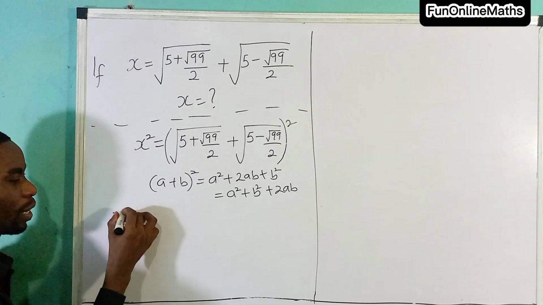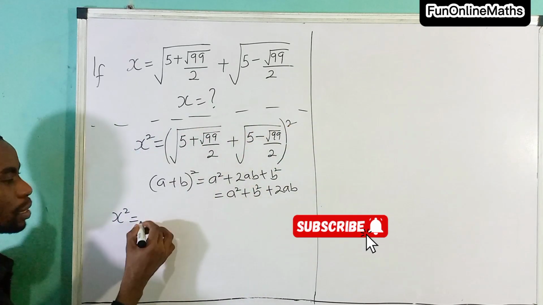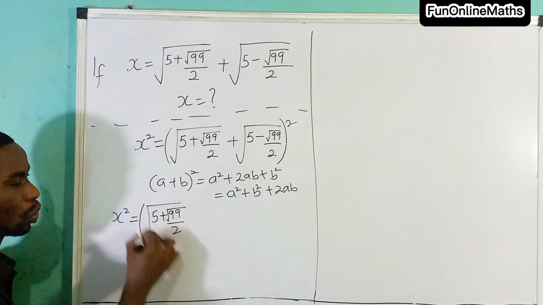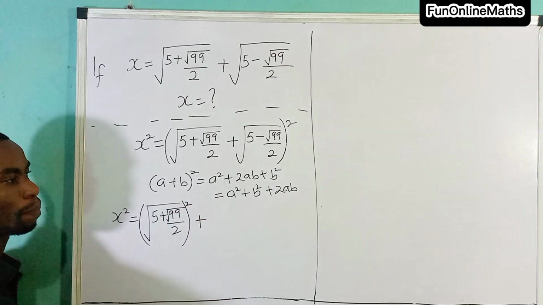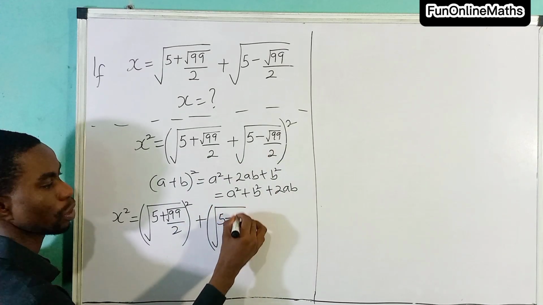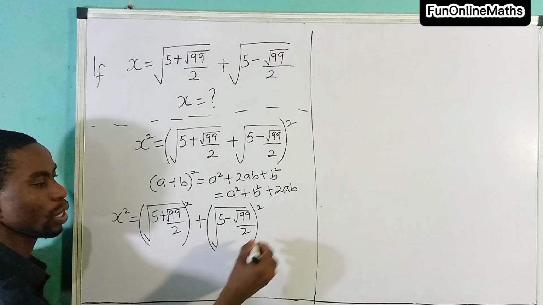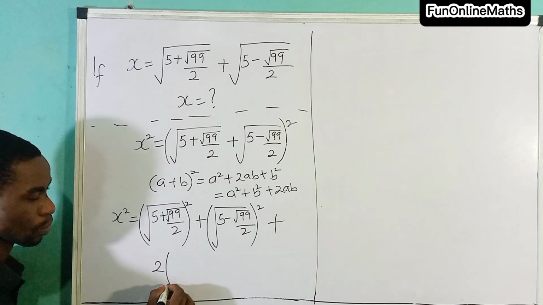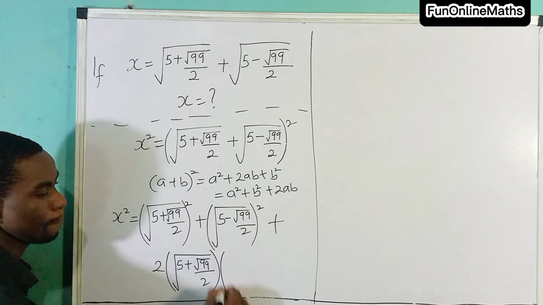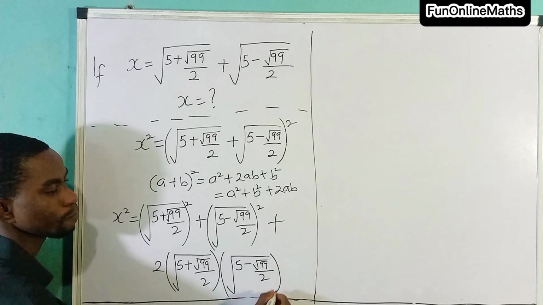So it means that x squared is equal to a square, which is this square root of 5 plus square root of 99 over 2, all square, plus b square, which is this square root of 5 minus square root of 99 over 2, all square, plus 2ab, plus 2 into a, square root of 5 plus root of 99 over 2, times b, 5 minus root of 99 over 2.